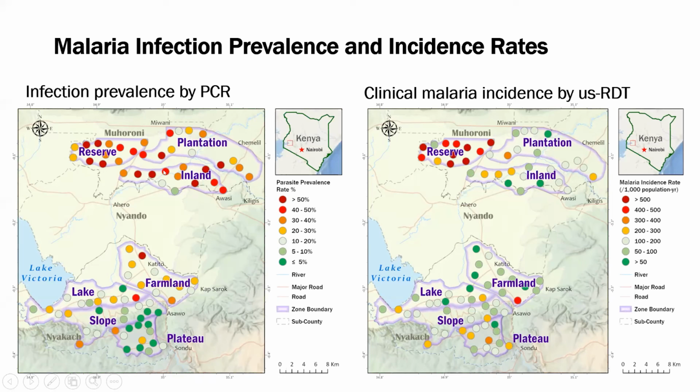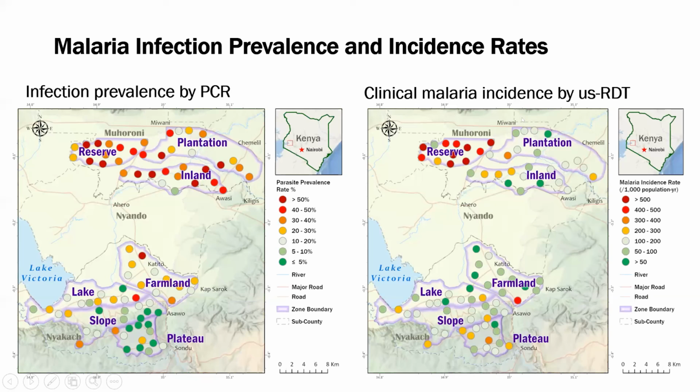So here we can easily say that a national malaria control program within the Kisumu County would want to look at these areas and see how the burden can be reduced to this kind of level. Because when we started our project, there were almost like this kind of burden in terms of prevalence.